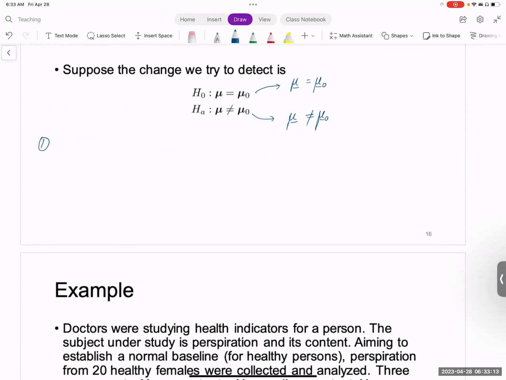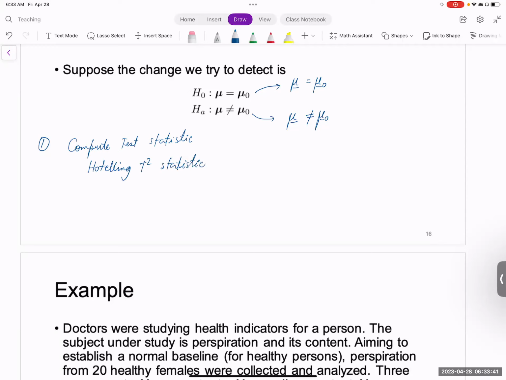The first step is to compute a test statistic, which is basically the test statistic that you computed in your regular hypothesis testing as well. This time, it's called the Hotelling t-square statistic.